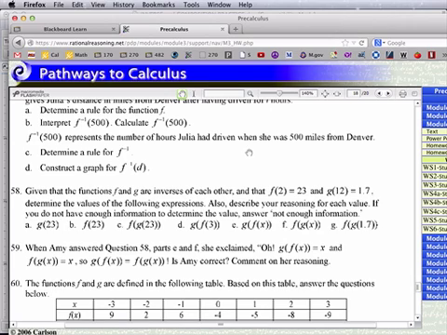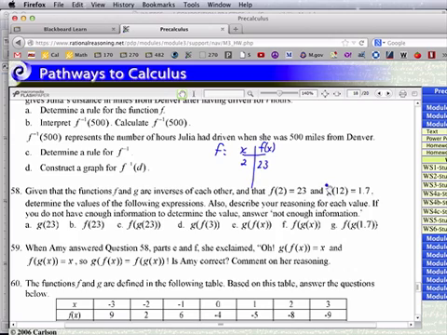What does it mean that F and G are inverses of each other? Yeah, so the F function, we know that if you put 2 into F, what do you get? 23.